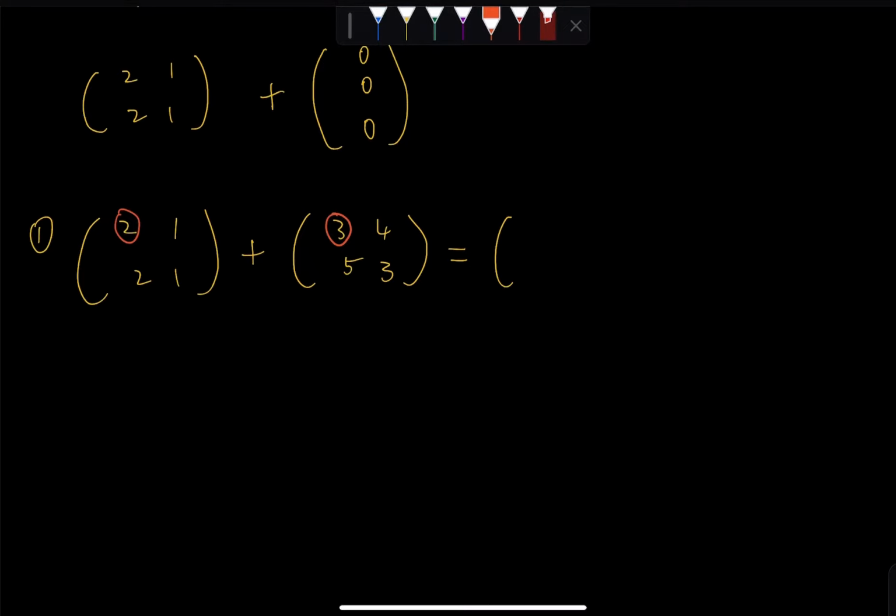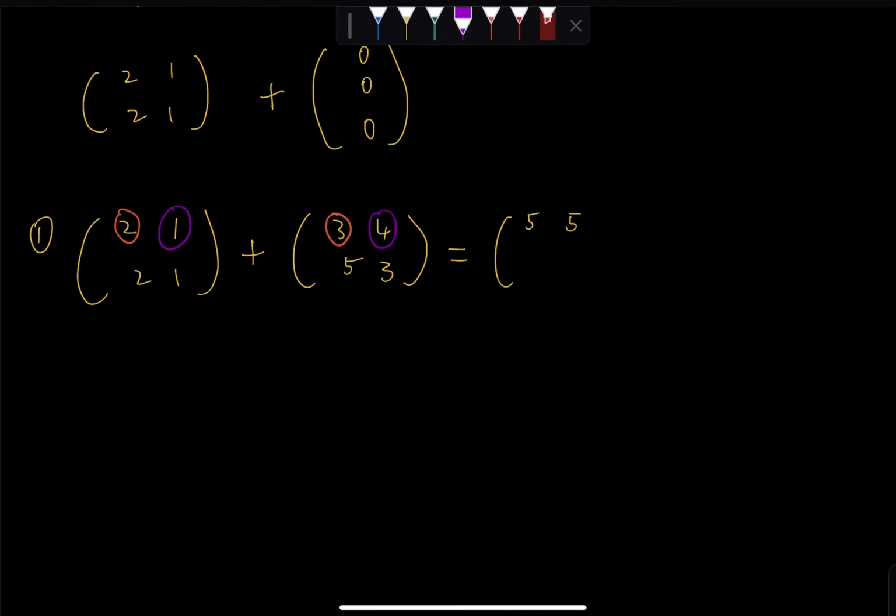So then here you have 2 plus 3, that's 5, and you have 5 there. The next thing you do is you take the second number of the first matrix and the second number of the second matrix, and you add them together. That's also 5.